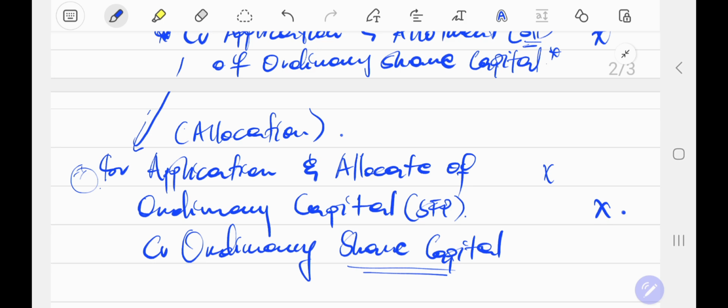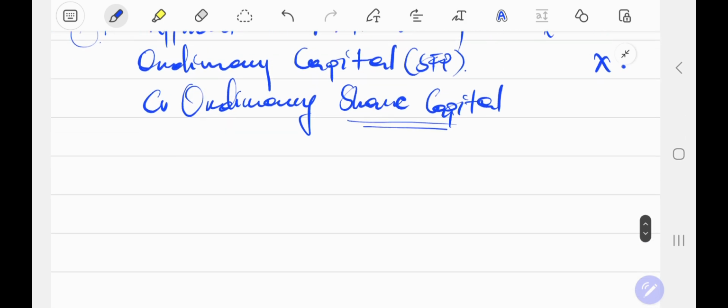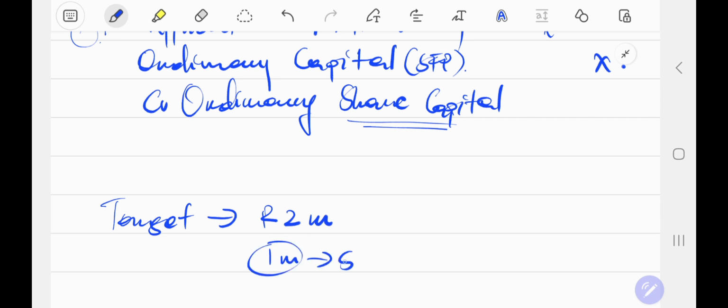So different things can happen when the company issues shares. You'd find that the company would have a target to say, we want maybe to raise 2 million by selling, let's say, 1 million shares. So they would sell 1 million shares to raise 2 million.